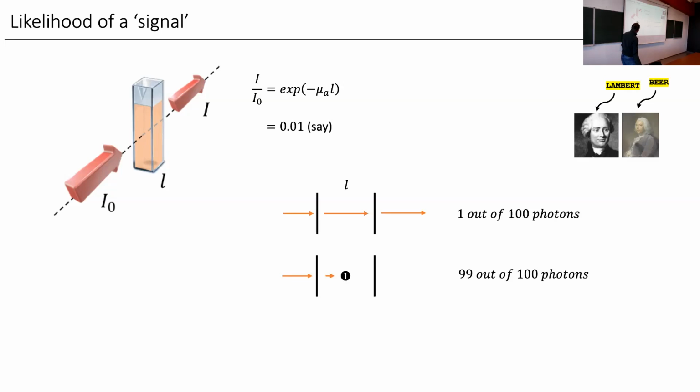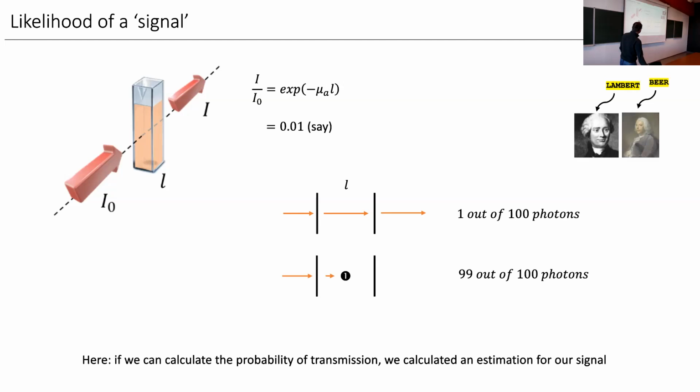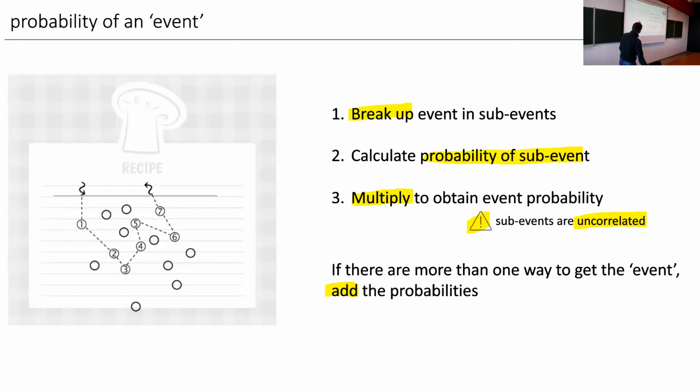If you would measure, say, a transmittance of 1%, then in this parallel parlance, we will translate that into 1 out of 100 photons goes through the tissue. That's the way to calculate.